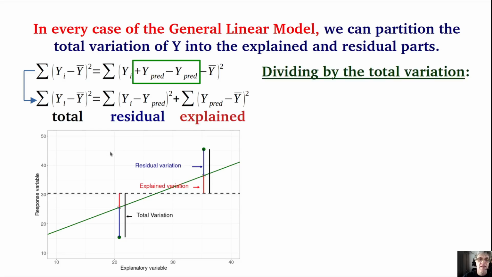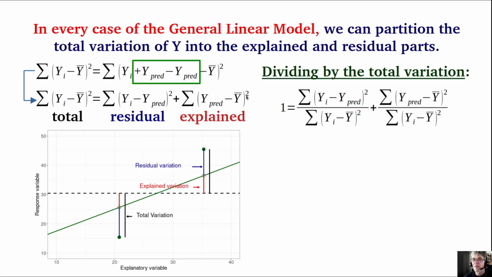Dividing the last equation by the total variation, we obtain the following. Of course, dividing the left-hand side by the total variation gives 1, whereas here we have simply this proportion. This proportion is called r squared. I'm saying it's a proportion because the sum equals 1. This r squared is the proportion of the total variation of the response variable explained by the fitted model.